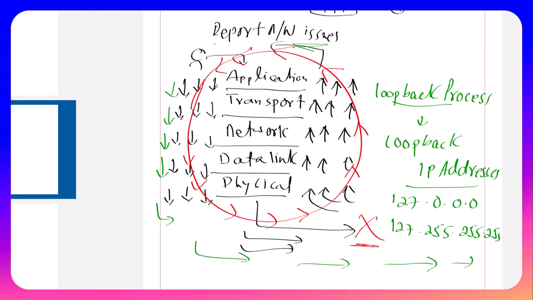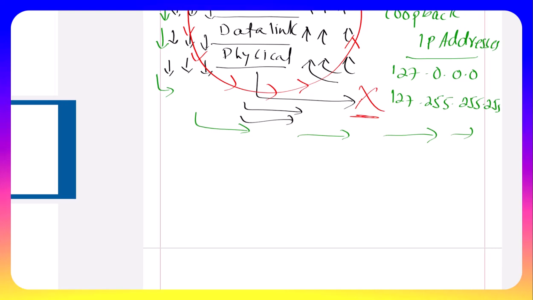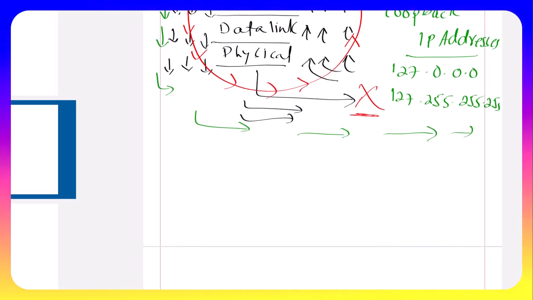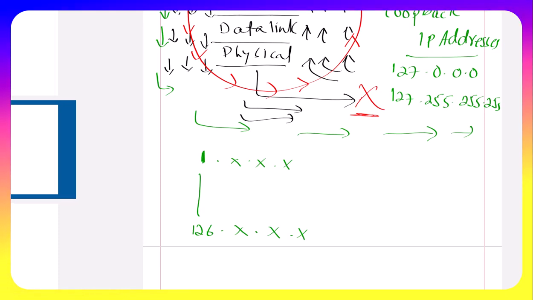So this was about the loopback process and about 0.0.0.0 and 127.0.0.0. Both belong to class A. So the valid range of class A starts from 1 up to 126, from 1.x.x.x up to 126.x.x.x.